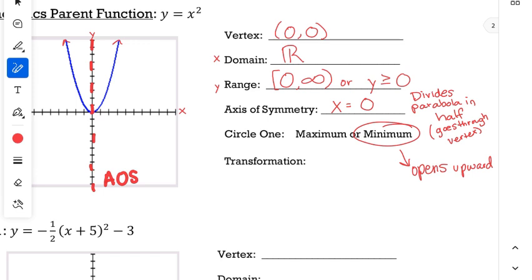If it opens downward, it's going to be a maximum. Transformation. This is the parent function. There's no transformation because you always describe what happens to the parent function to get to the new function. It's the parent function, so there's no transformations. I'm going to write none.